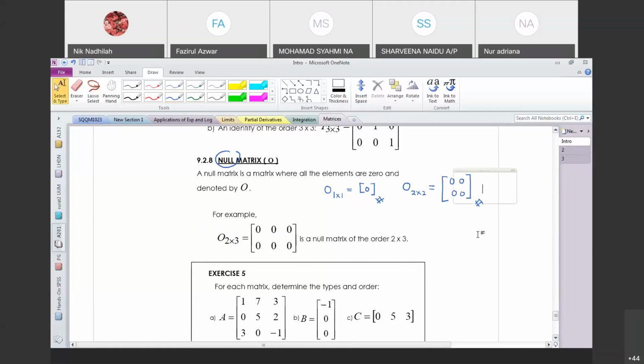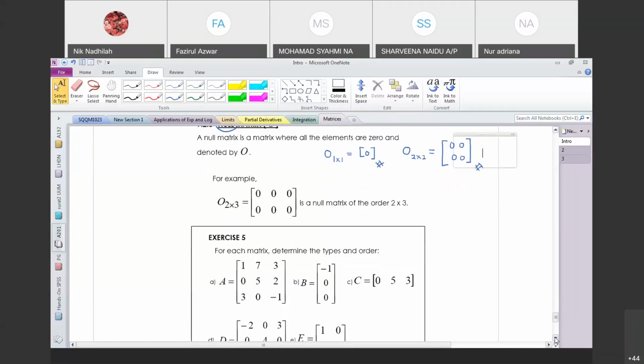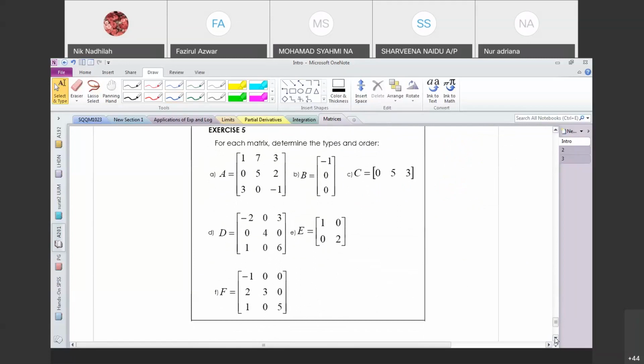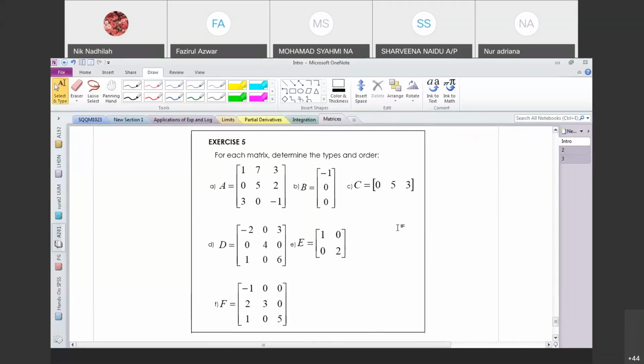Okay. Next, for each matrix, determine the types and order. Well, this is quite easy.